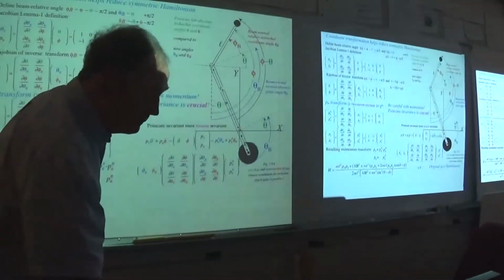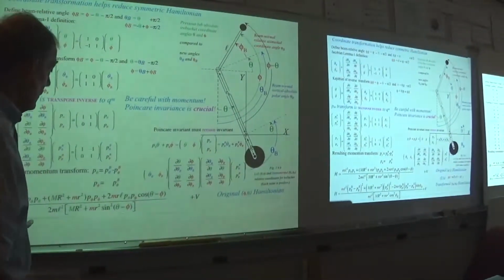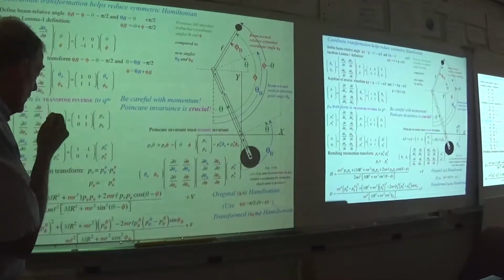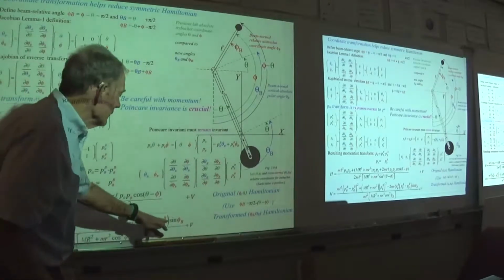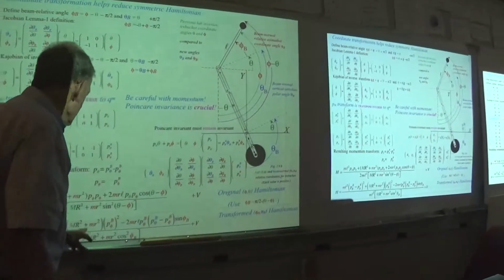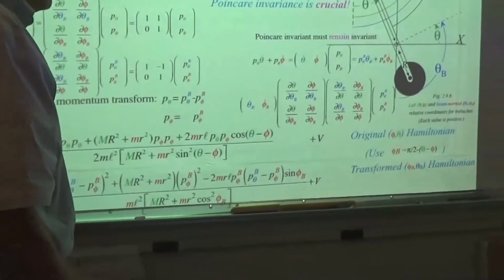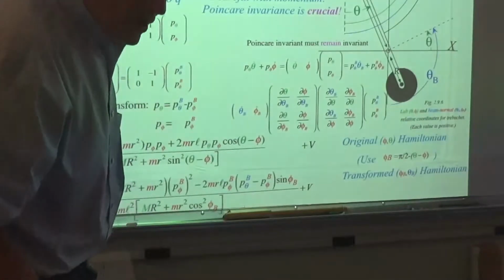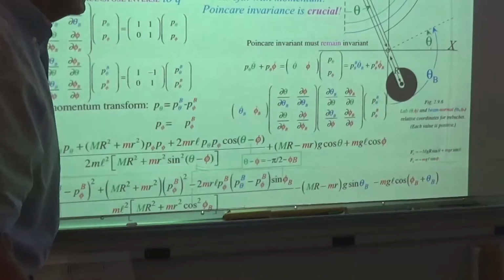So that's the next step, is to go ahead and make a Hamiltonian that's here. And what's neat is that this one has a dependency on phi b. That's pretty obvious. There it is. There it is. But the theta b is missing. So we've got a Hamiltonian here that's not an explicit function of one of the angles, the beam angle. That's really the important thing here.